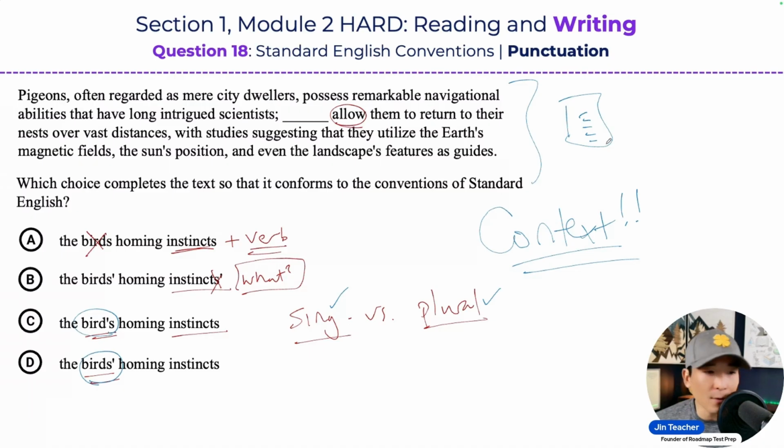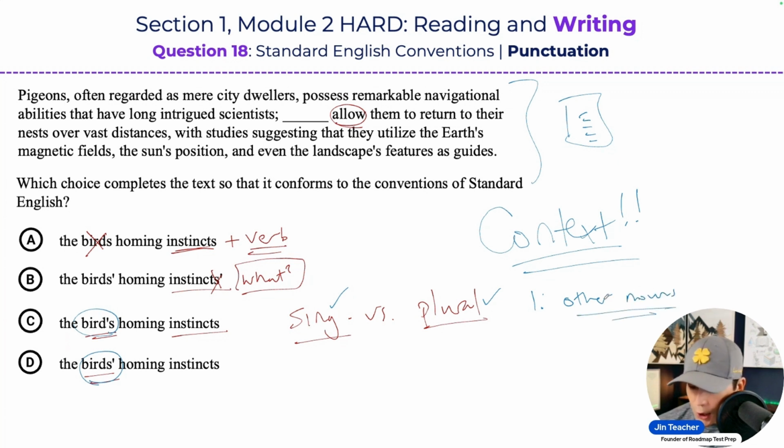So it's absolutely critical that you know which context clues you're looking for when you're solving a particular question. For apostrophes, there are several things, but one of the things you're looking for is other nouns.